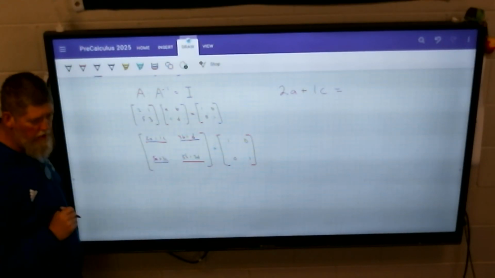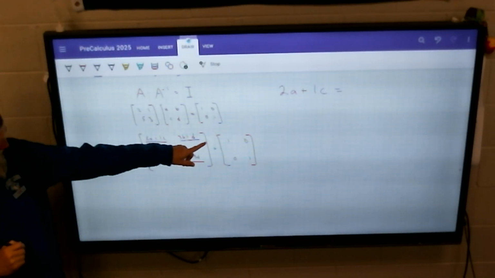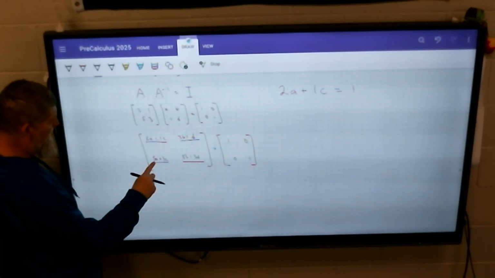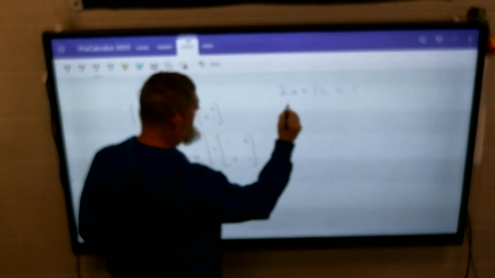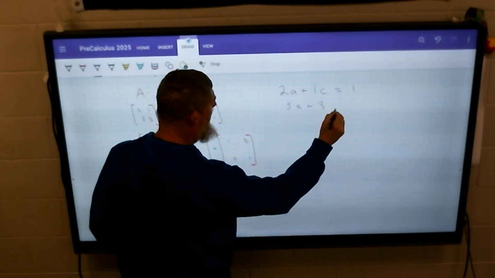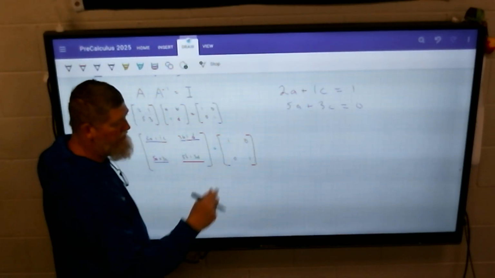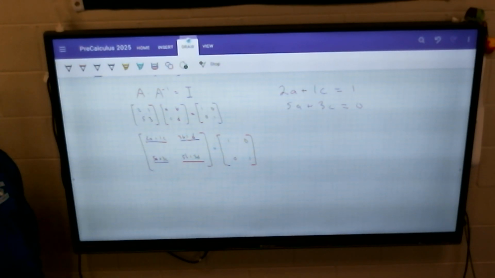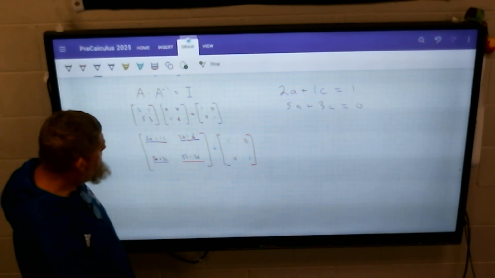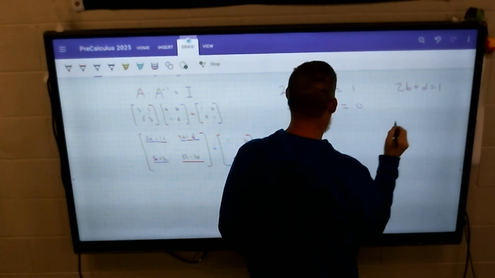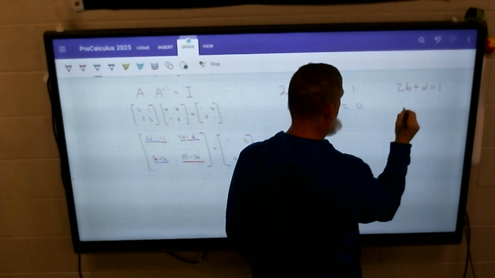It says they're equal, so 2A plus 1C has to be equal to 1. And 5A plus 3C has to be equal to 0. And now I have a system of equations that I can solve. What does 2B plus D have to be equal to? And what does 5B plus 3D equal? 0.